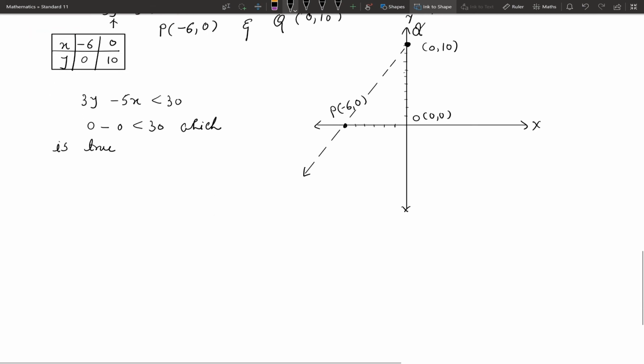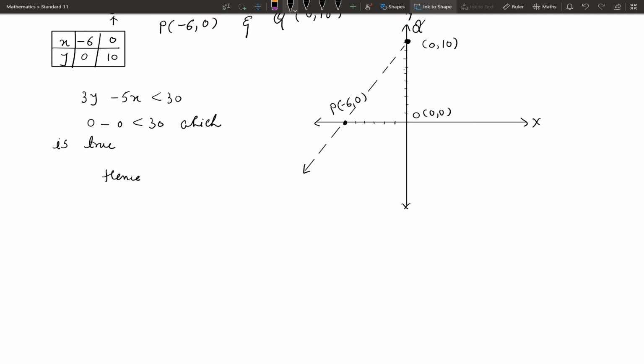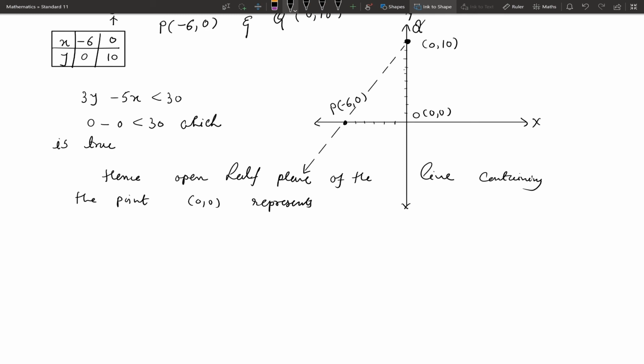Hence, the open half plane of the line containing the point 0, 0 represents the solution set of the given inequality.